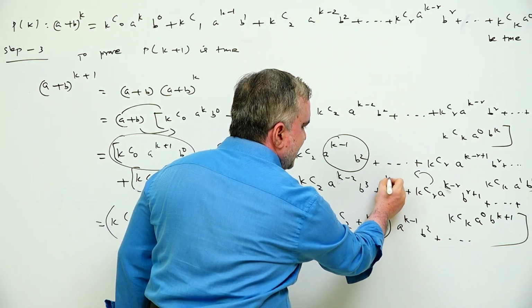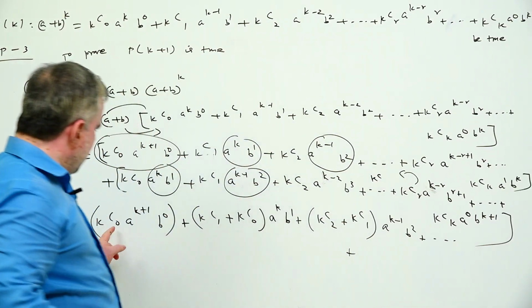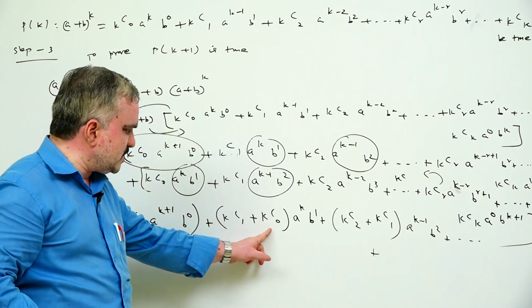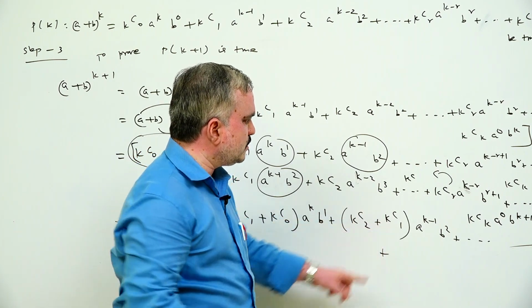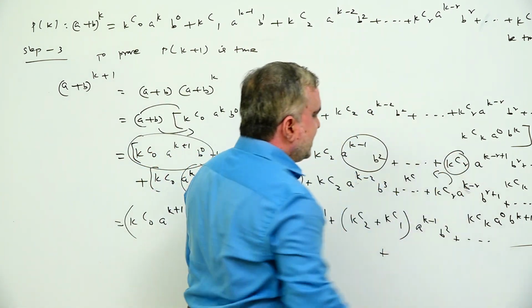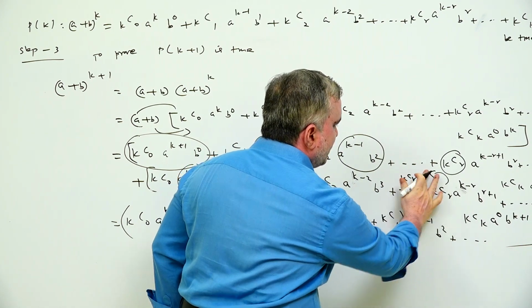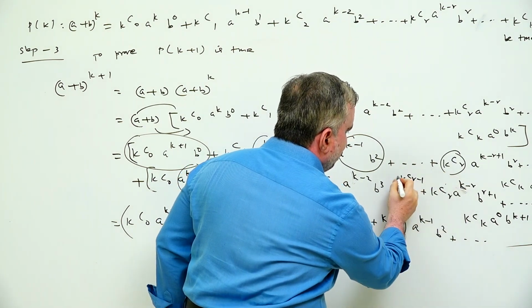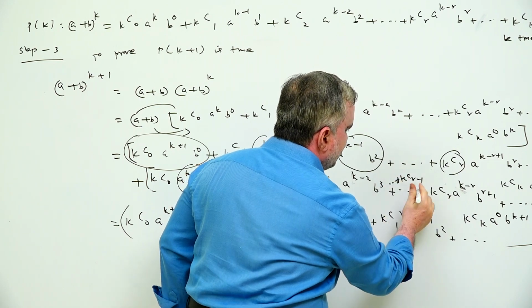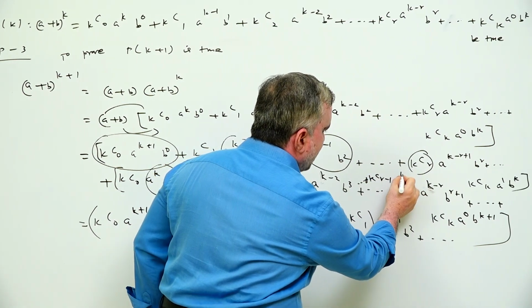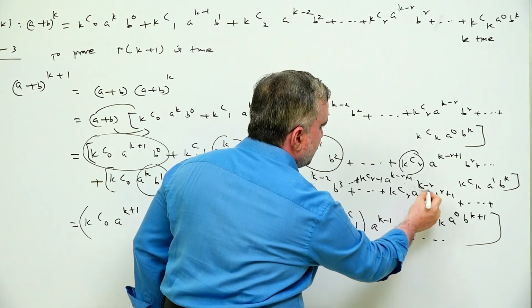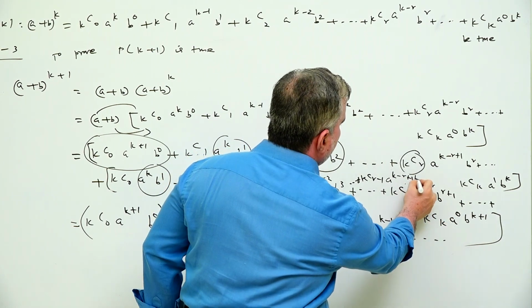Here we get kc0, kc1, kc0, kc2, kc1. So I need here kcr, before that we need kcr minus 1 a power k minus r plus 1 b power r.